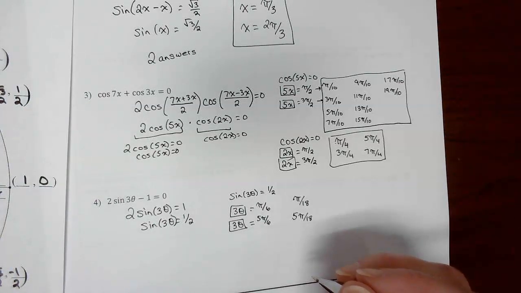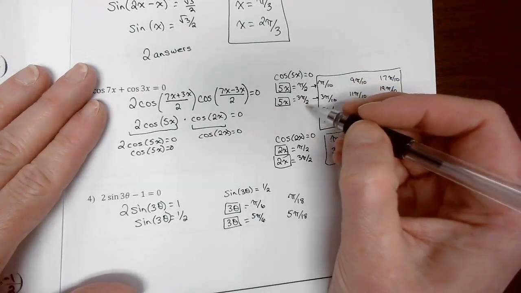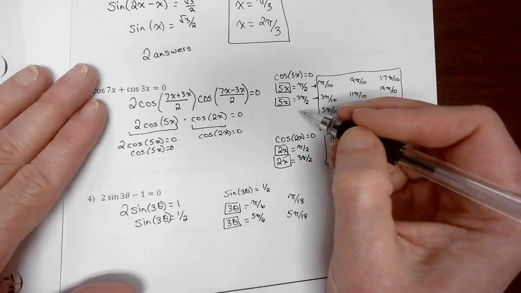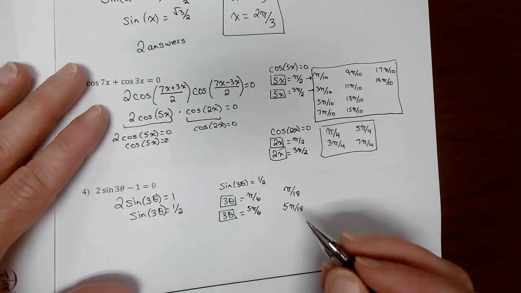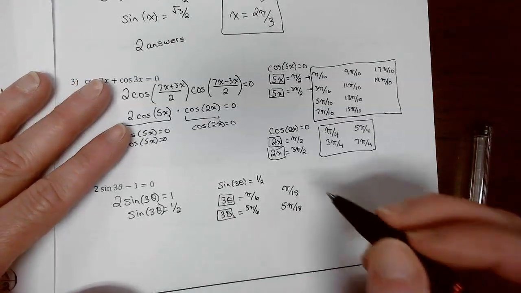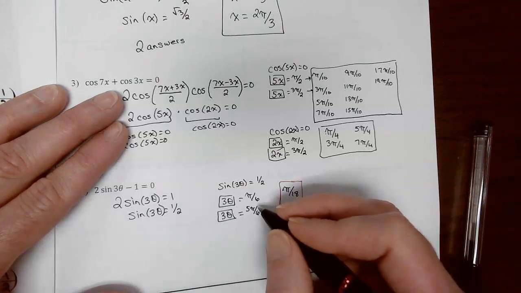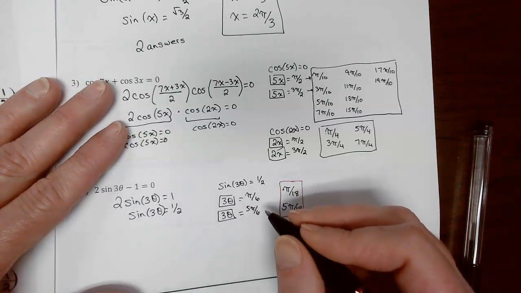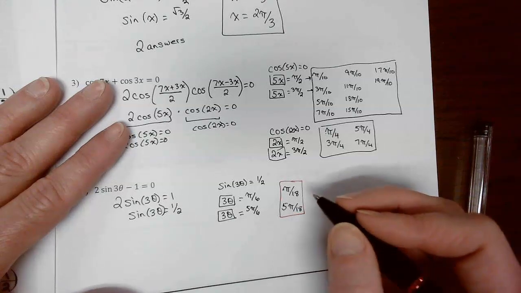Now this one's a little trickier because on the last one we had pi over 2 and 3 pi over 2, so they were kind of consecutive. These are not. Let me see if I can explain it in a helpful way.